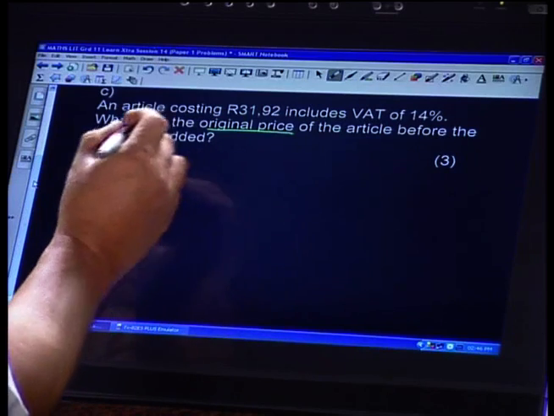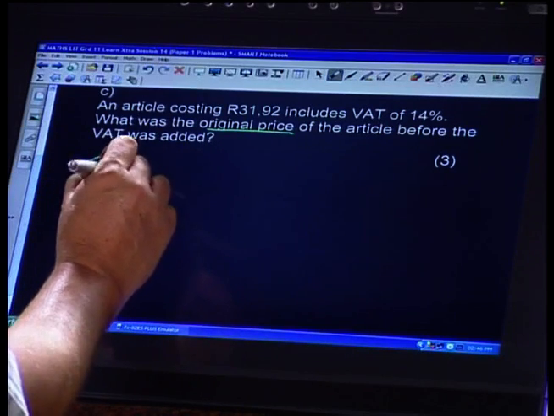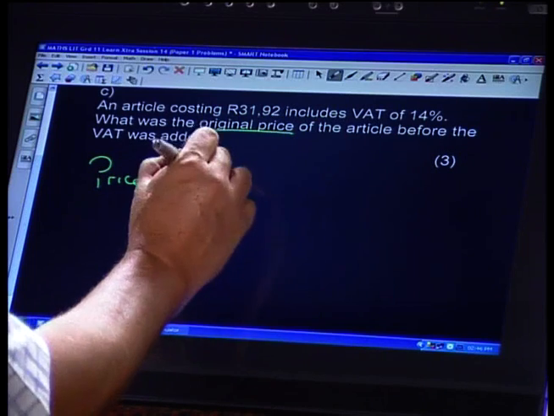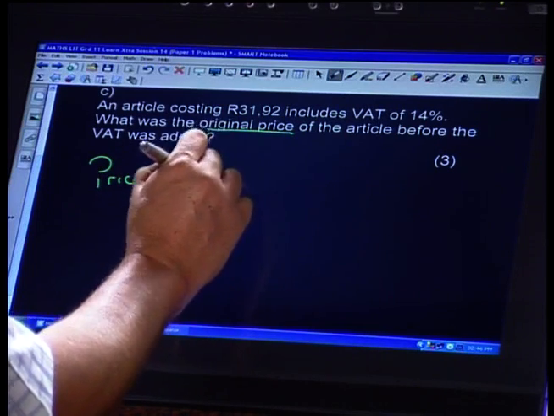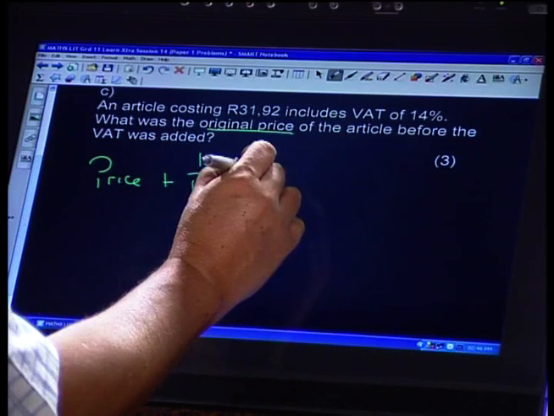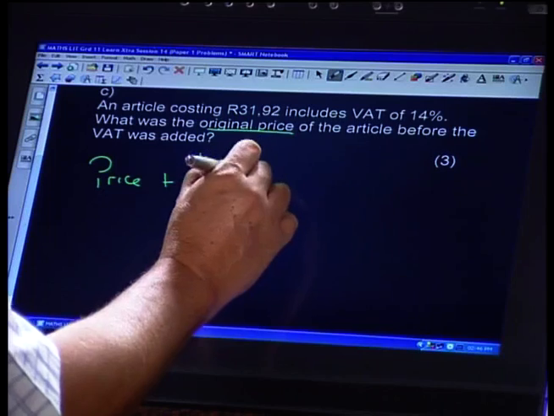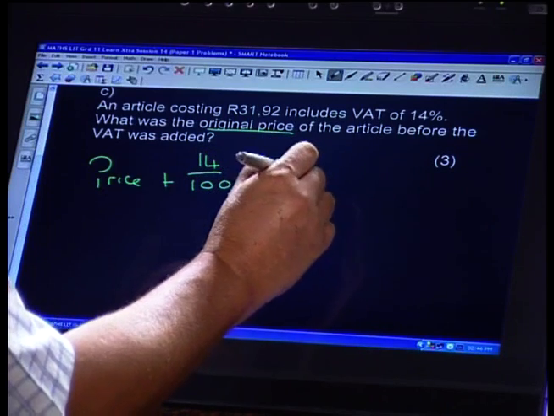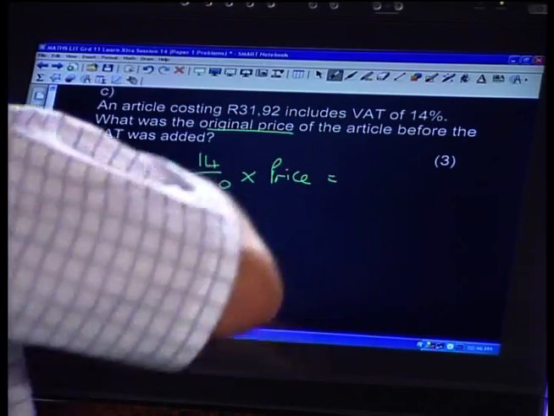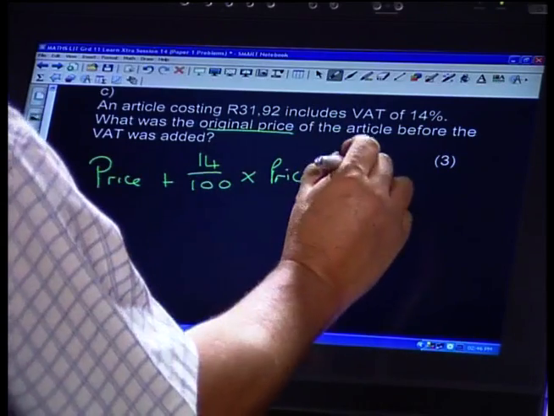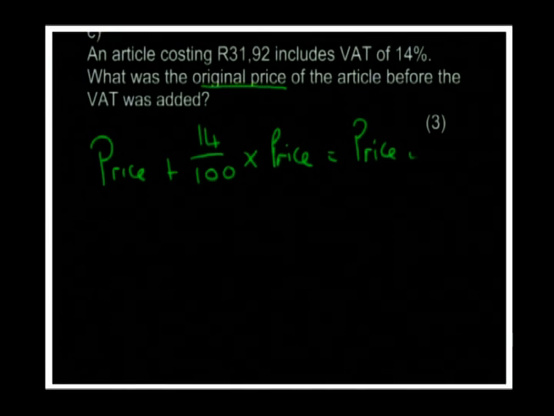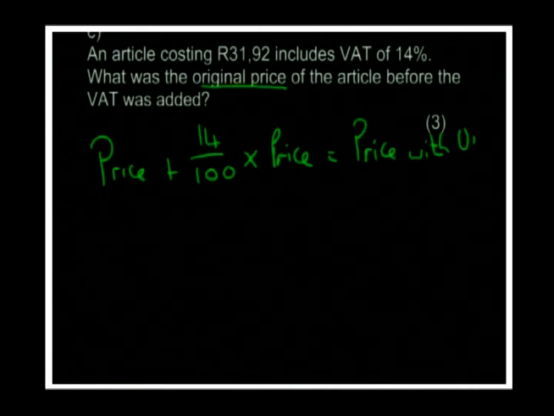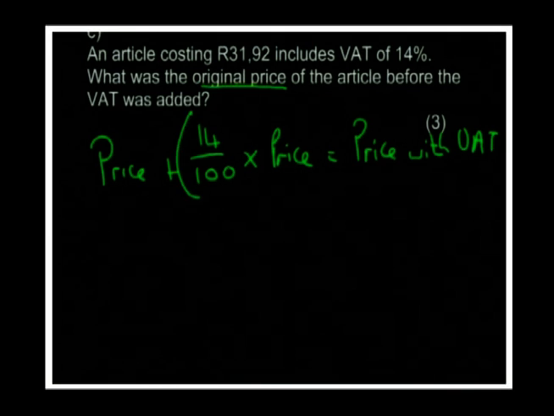We've got a price plus 14% of the price, and that gave me the price with VAT. So this was the price without VAT. We added 14% of that price, and finally we got the price with the VAT.